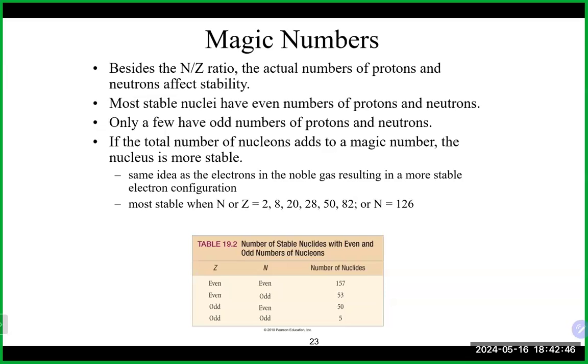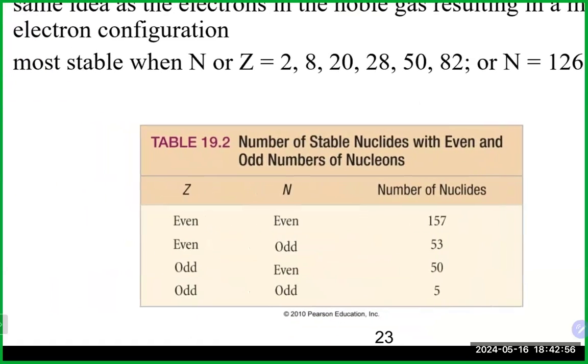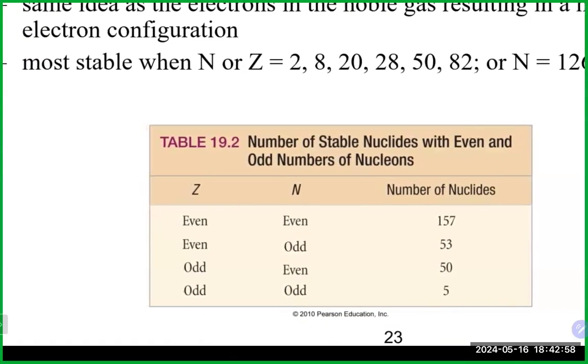Besides the N to Z ratio, the actual number of protons and neutrons do affect the stability. If we look at this little table at the bottom, the best situation for stability seems to be when you have an even number of protons and an even number of neutrons. There's like 157 stable nuclei in that arrangement.